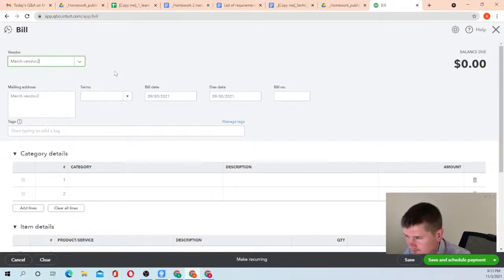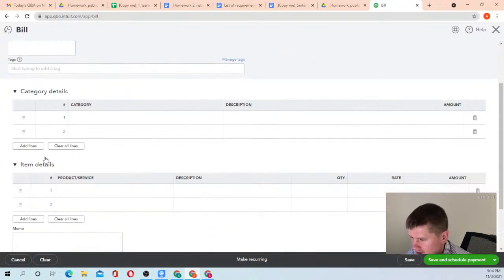Save. So basically, when you start working in your own QuickBooks, you will be filling it out with all your new vendors, all your new customers, all your new inventories, and you will build it over time. So let's see what we have here.